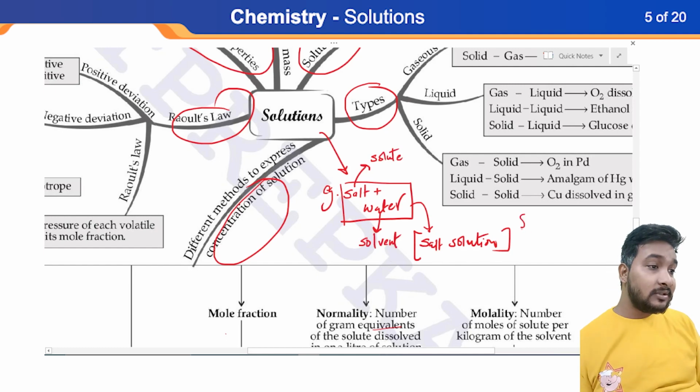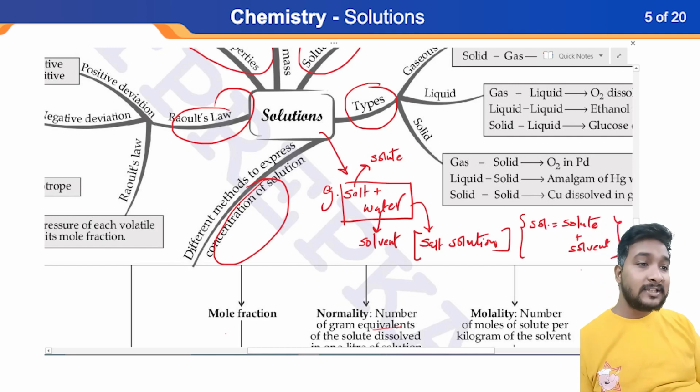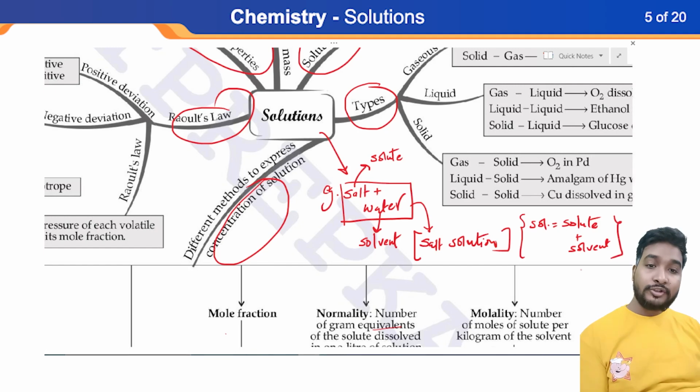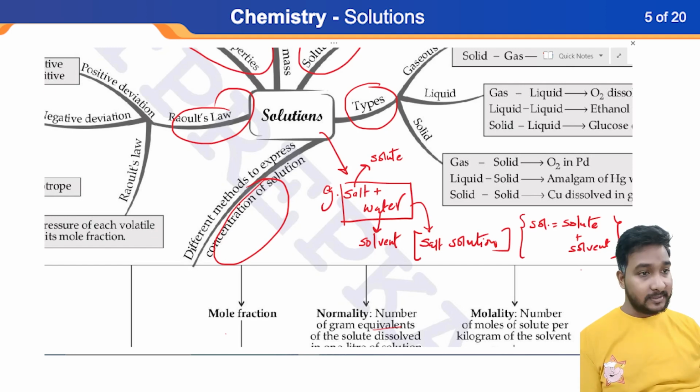We can say that a solution is made by solute and solvent, or in simple words, the homogeneous mixture, listen carefully, the homogeneous mixture of two or more components is called a solution. Okay, so this is the simplest definition of solution which you have to remember from your side.